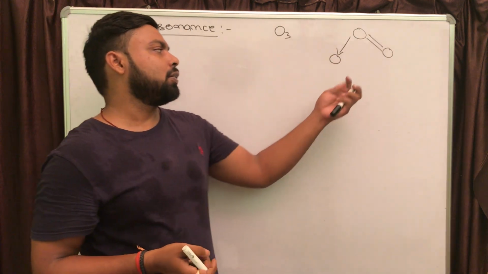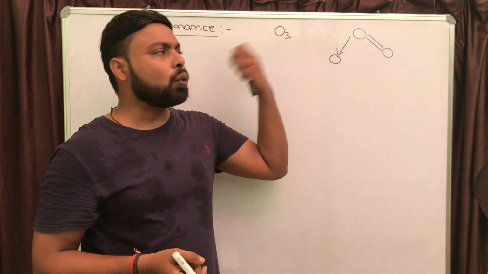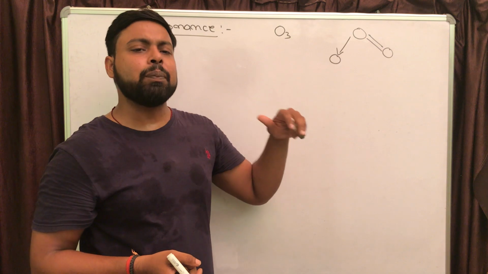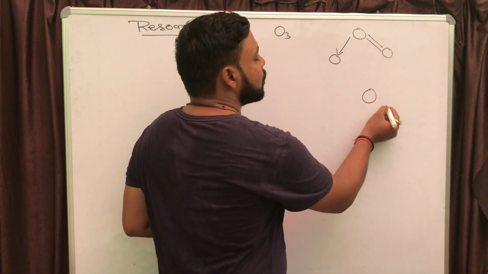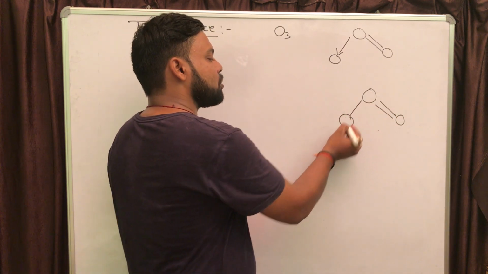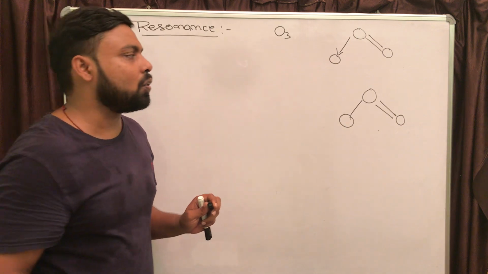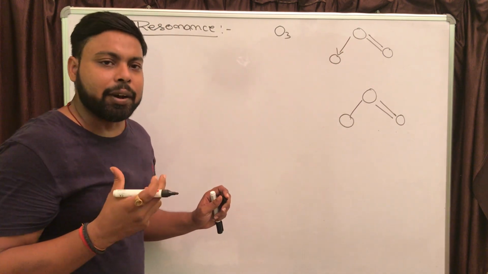This is the coordinate bond structure of ozone. If you want to draw the covalent bond structure of ozone, what you need to do is draw a double covalent bond on one side, and on the next side just draw an oxygen single covalent bond. This arrow one is actually the coordinate bond, right?